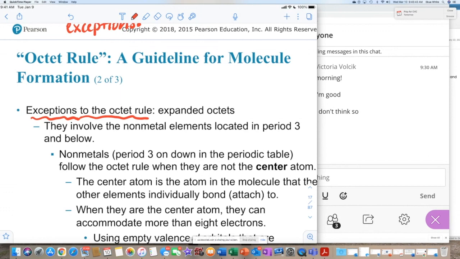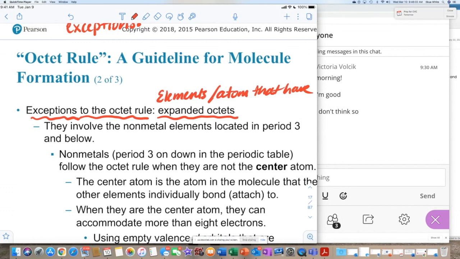Okay, exceptions to the octet rule. We're starting with a group of elements or atoms. Remember, these terms are being used interchangeably, that have what we call expanded octet. What does that mean exactly?